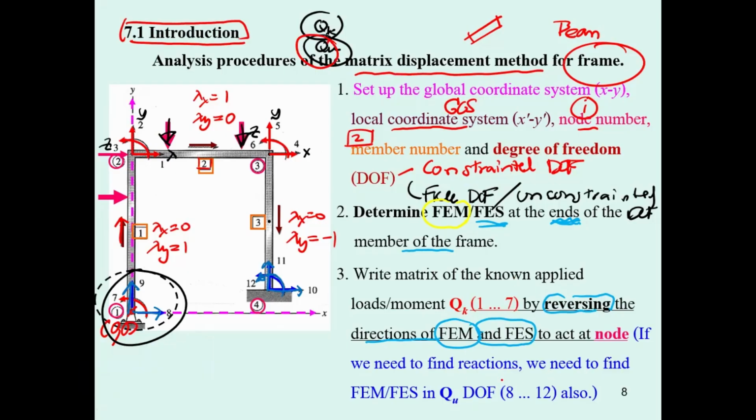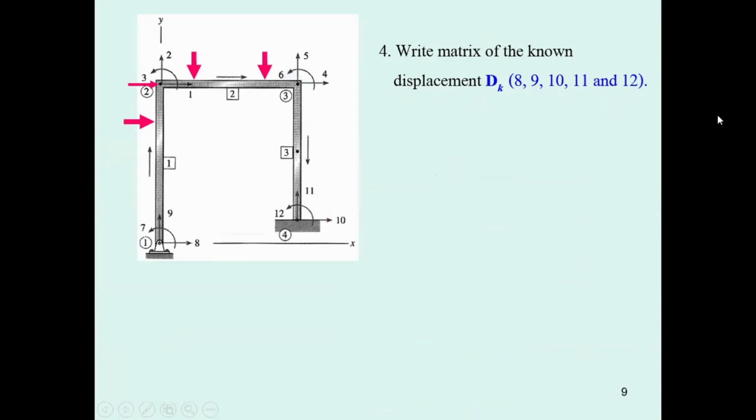The fixed end moment and fixed end shear at the node are also required to compute the reactions. That's going to be the difference from the truss. Then you determine the D sub K, the degrees of freedom 8, 9, 10, 11, 12. If there is no differential settlement, all of them are going to be 0.